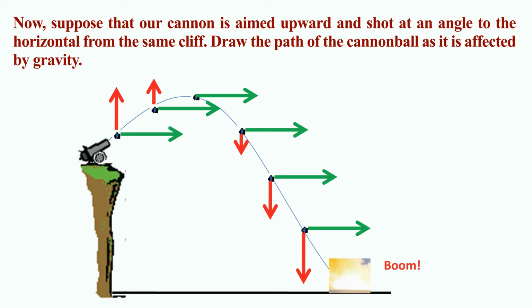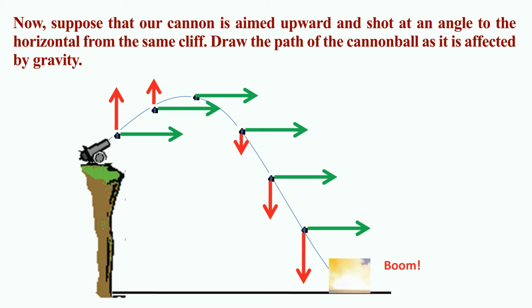And let's try and analyze this parabola now, or this parabolic shape. Okay, we can see now that we're still trying to find the components. There is a vertical component and there is a horizontal component as well.